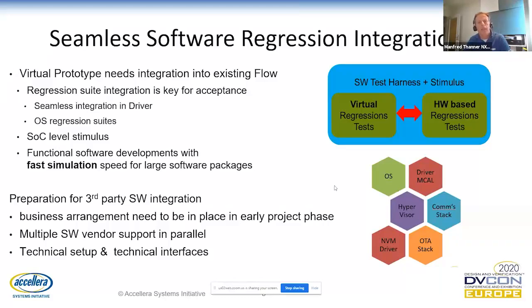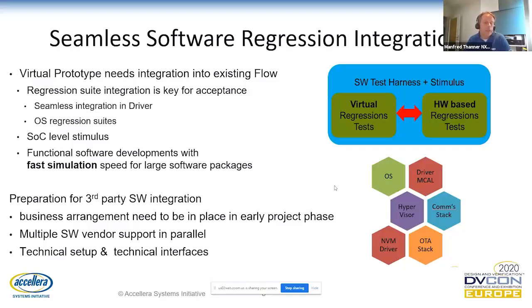In many cases, some specific regressions used in the virtual prototype might not be ideally applicable in that setup. That is something which, as I said, is very carefully gone through in the project preparation, and those technical setups, which interfaces are necessary, need to be done.